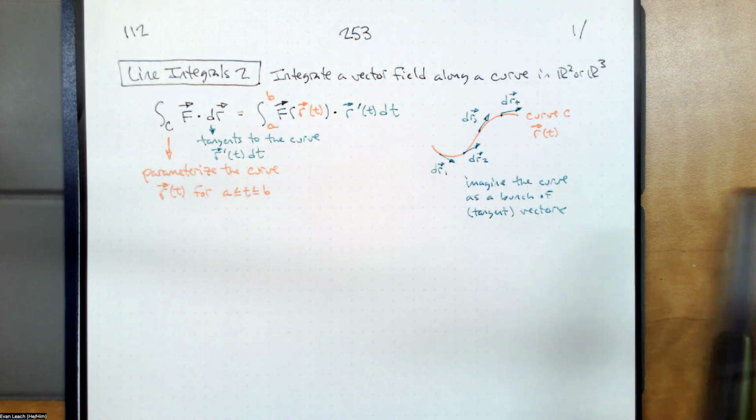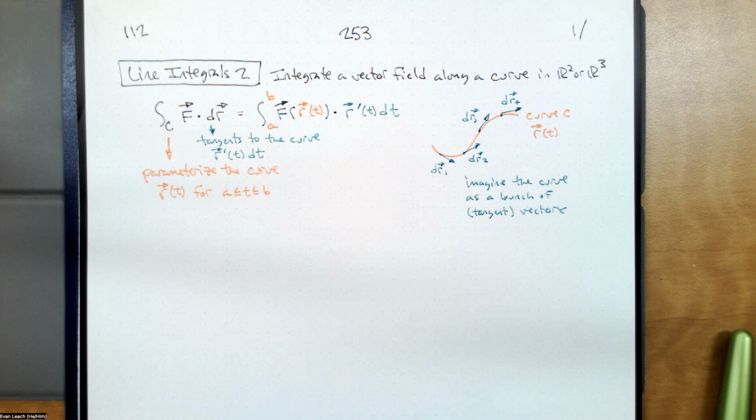So this first part, f at r of t, is where we are evaluating the vector field at all the points on the curve. That's what's happening in that factor. And this is the dot product with r prime of t dt, the curve imagined as a bunch of vectors. So here's the dot product of tangents to the curve and the vector field at the point.